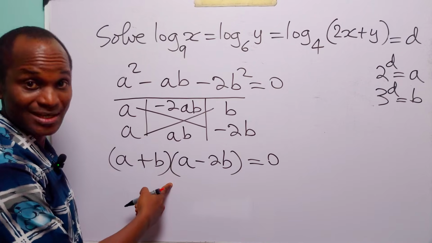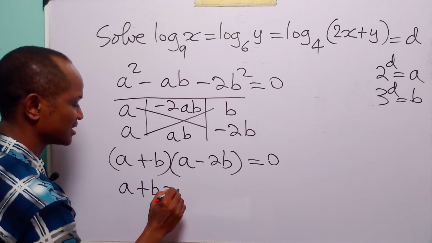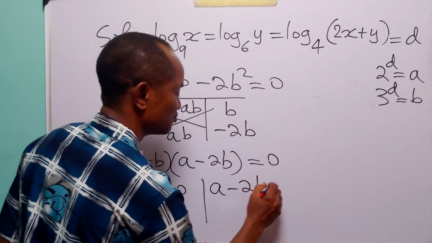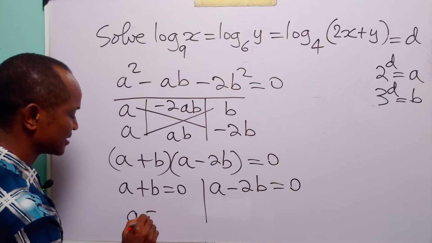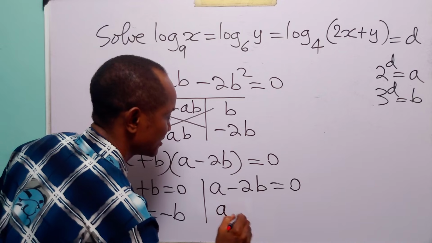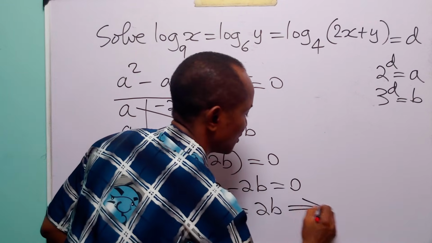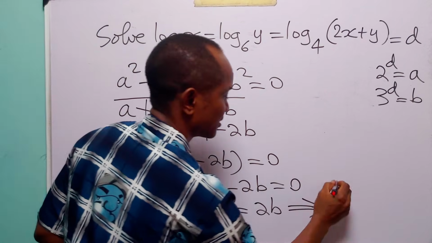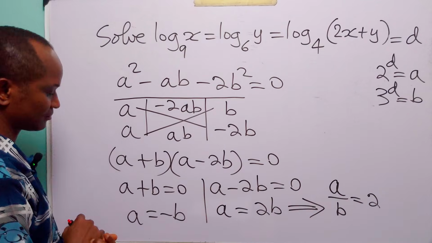And you know that this equation simply means that either a plus b is equal to 0 or a minus 2b is equal to 0. From here, we have that a is equal to minus b. And from here, we have that a is equal to 2b. And when we divide both sides of this equation by b, we have that a over b is equal to 2.